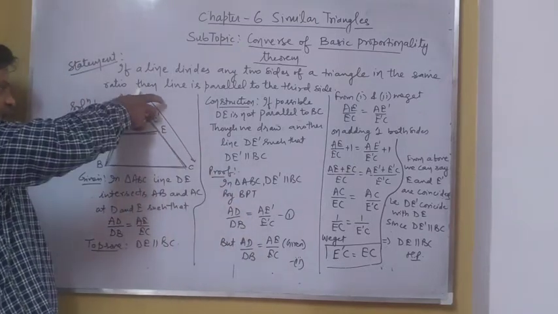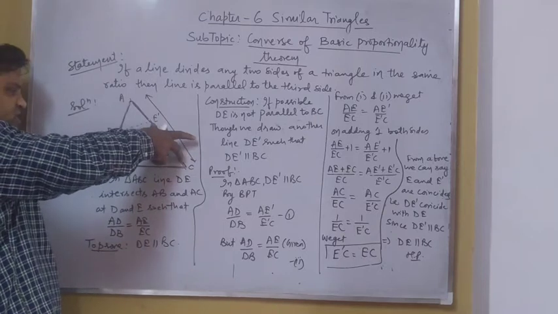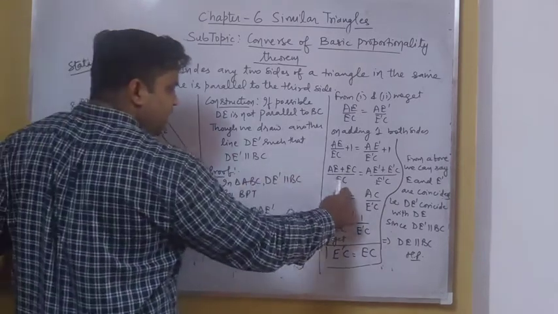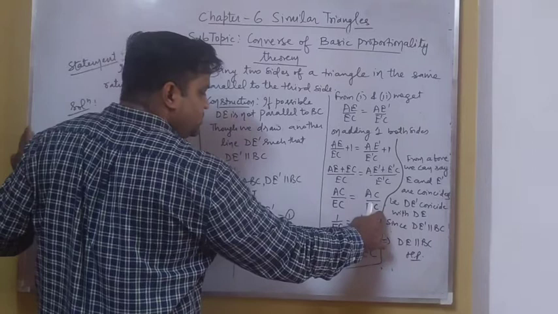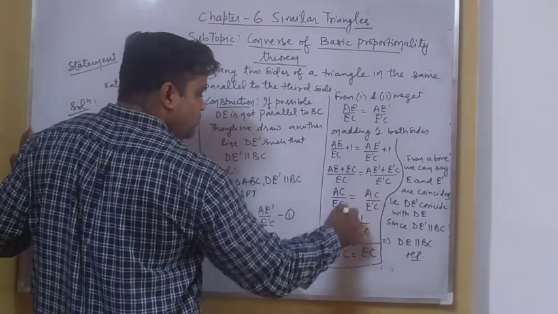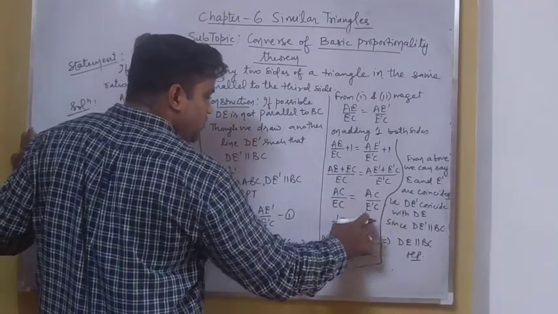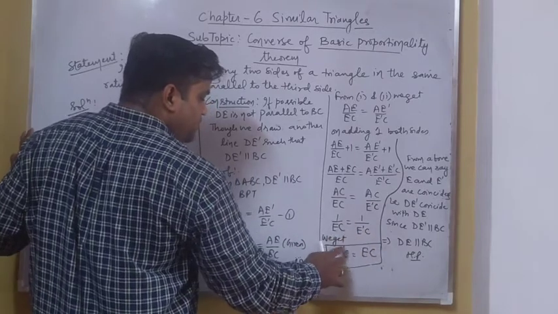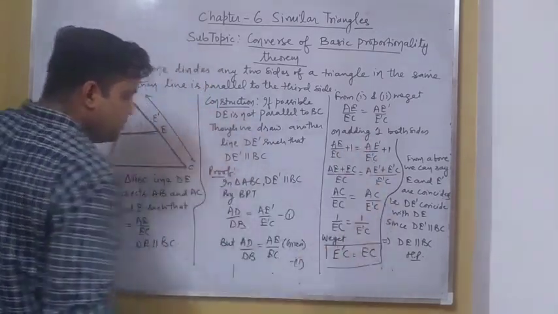Similarly, AE dash plus E dash C is equal to AC. So AC by EC is equal to AC by E dash C. AC cancels out, and we get 1 by EC is equal to 1 by E dash C. On cross multiplication, we get E dash C is equal to EC.